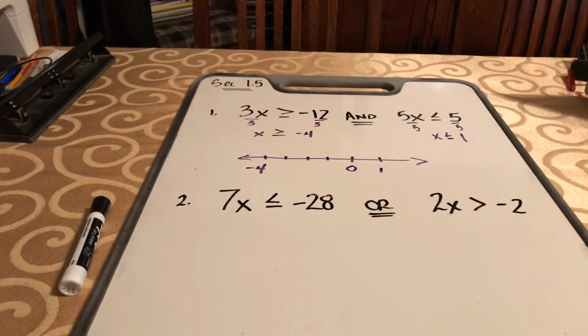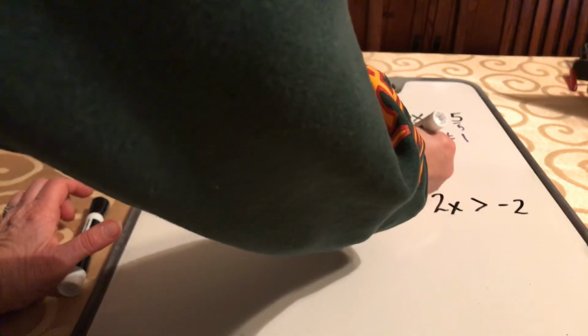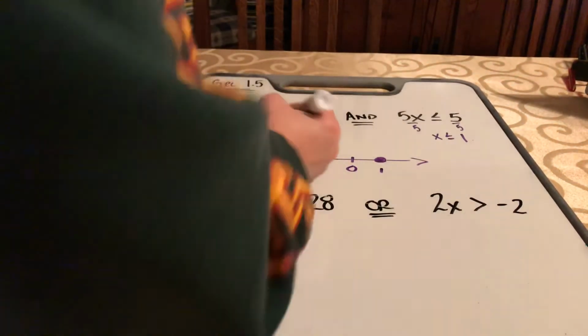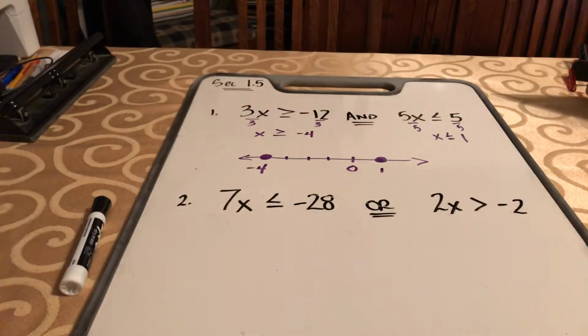The first thing you want to decide is whether to make a solid dot or an open dot at the key points. Since this problem says greater than or equal to, then less than or equal to, for both of these we can have solid dots. I'm going to put my solid dot here at the 1, and my solid dot right here at the negative 4.